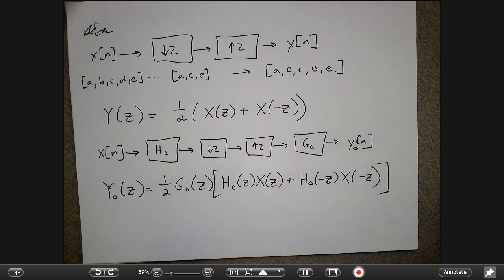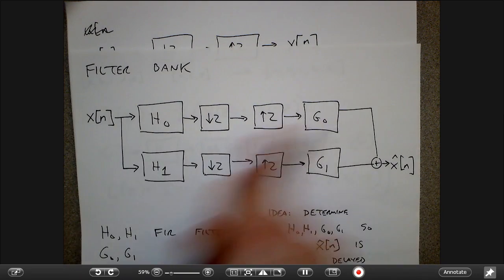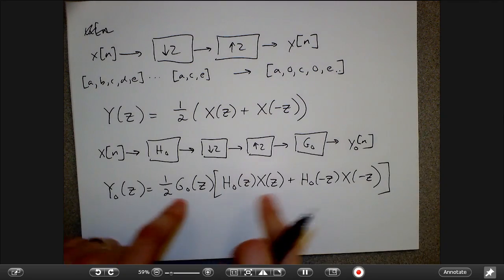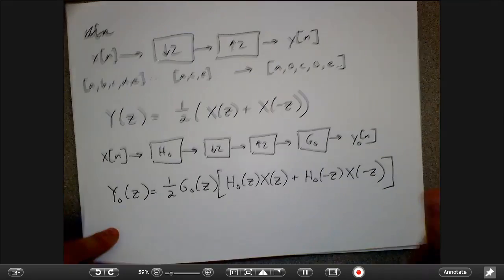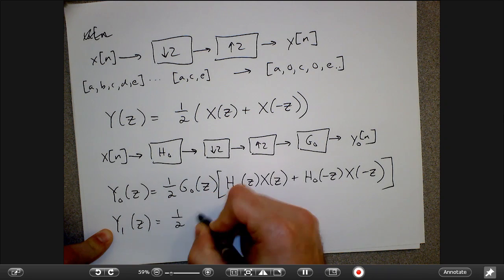And so the overall result of putting the signal through two such channels and adding them up is going to look like this. So I'm going to just write this result. If I had another channel, it would look like this.